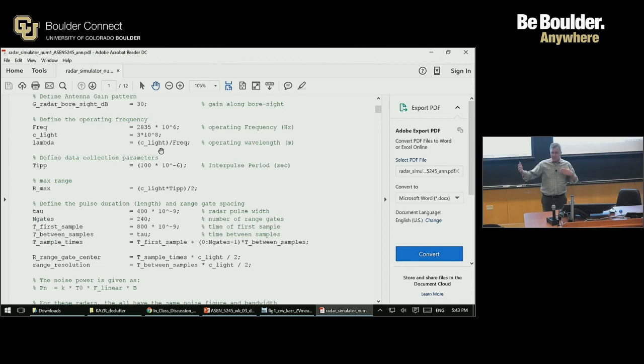I'm getting ahead, but when we run the simulator later and we calculate amplitude and phase, we're going to be keeping track of how far the target moved relative to the wavelength. Higher frequency, shorter wavelength, the shorter the decorrelation time of your target. These are the concepts that, as engineers, we would need to worry about.